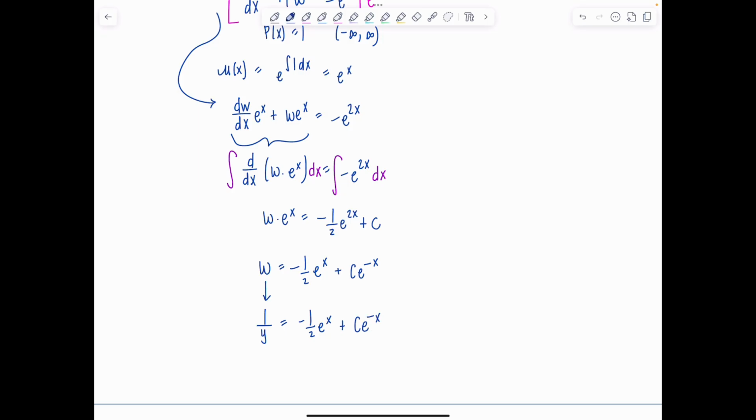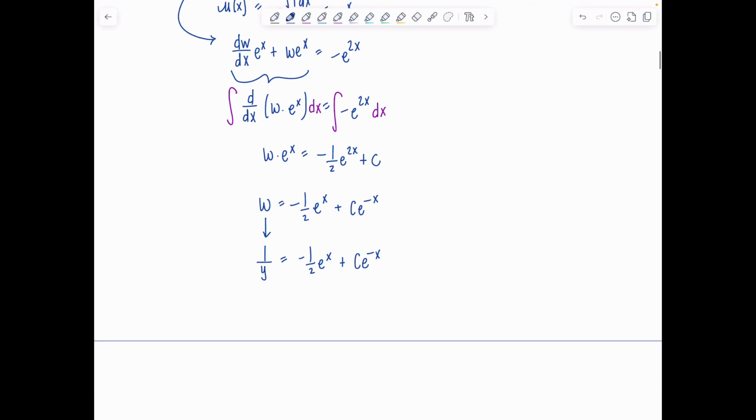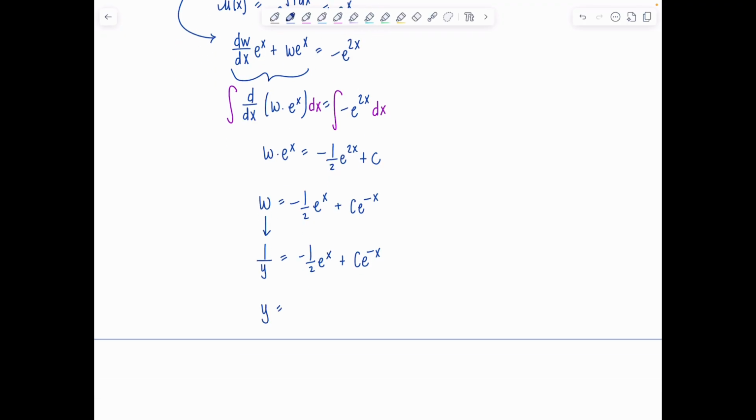Okay, so if I want y by itself, let me just take the reciprocal of both sides. So y equals 1 over, and then I'm going to write this with c e to the negative x first so it looks nicer. In fact, it's c over e to the x, let's be real, minus 1/2 e to the x. And then this is technically not simplified because we have fractions within the denominator.